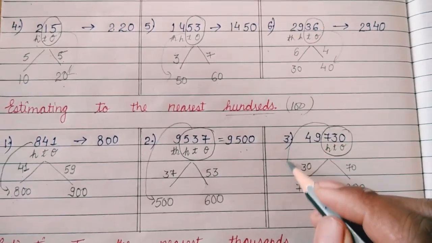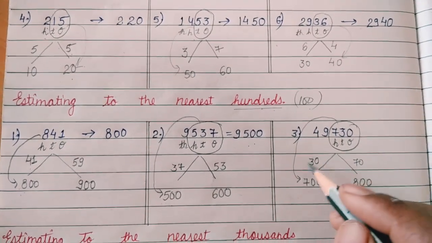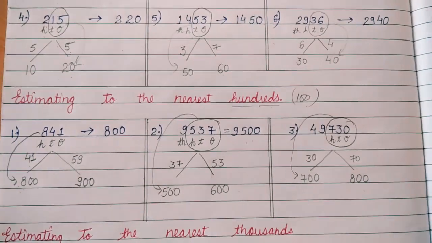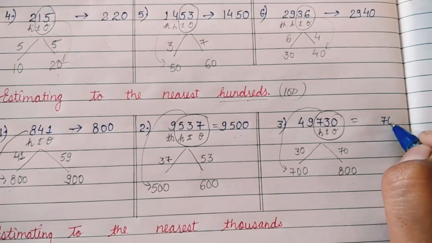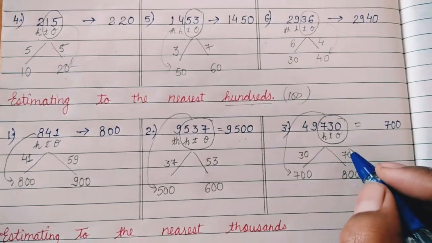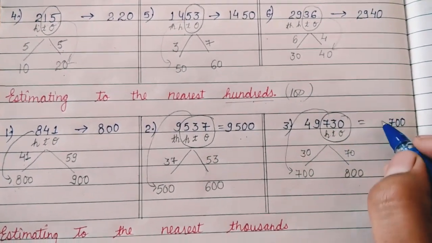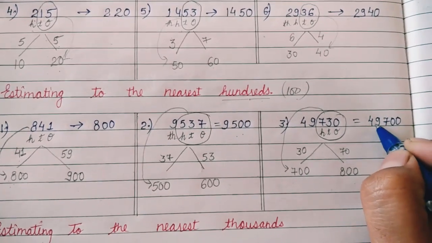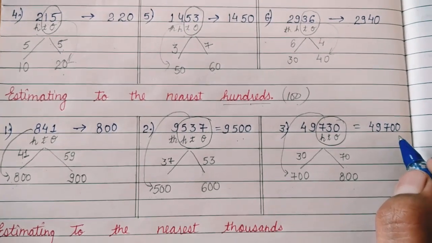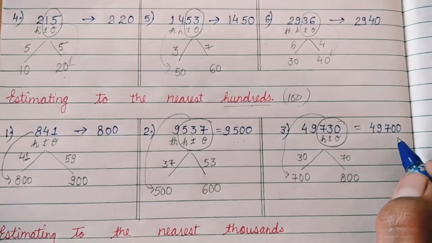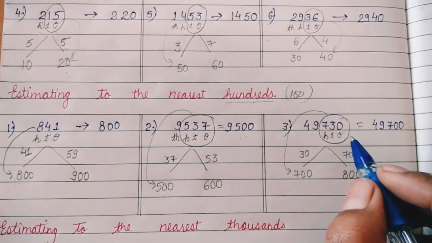Yes, 30 steps is less than 70, so we will choose the 30 steps one, which is 700. So our 730 will change into 700 after estimating it to the 100 place, and the other value, which is 49, will remain the same. So 49,700 is the answer after estimating 49,730 till the 100 place.